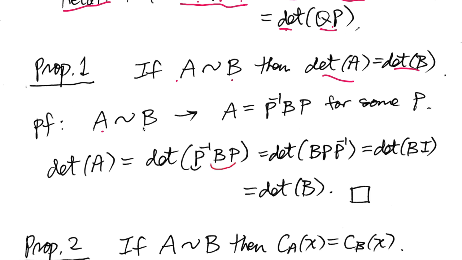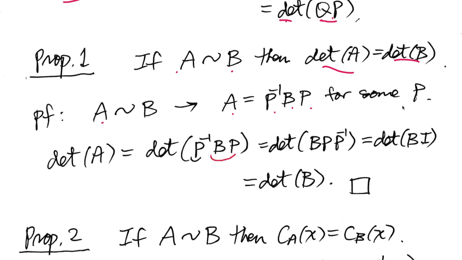If A is similar to B, that would imply that A is P inverse B P for some P. Let's take the determinant of A now. The determinant of A would be the determinant of P inverse B P, just substituting our formulation there. Now here's what I want to do. I didn't jump in here with parentheses just to shorten this, but I'm going to think of it this way: I've got P inverse, and then I've got a single matrix.